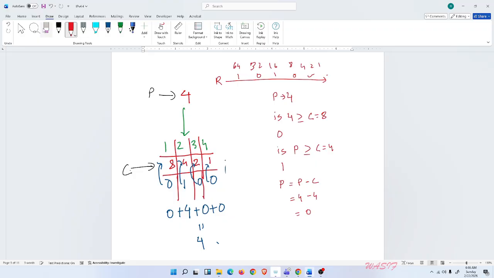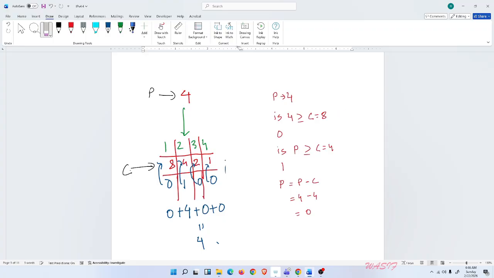Okay, now how do we start solving the problem? If you look at here very carefully, the pointer value is 4 and our column values are 8, 4, 2, 1 respectively. So we start from left to right. The pointer is 4 and the column value is 8.